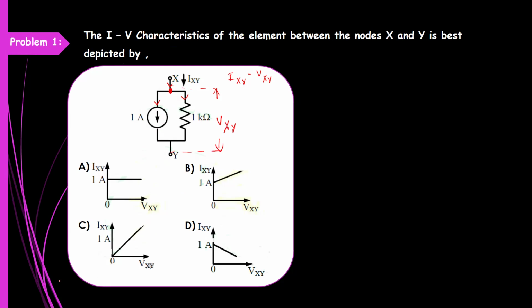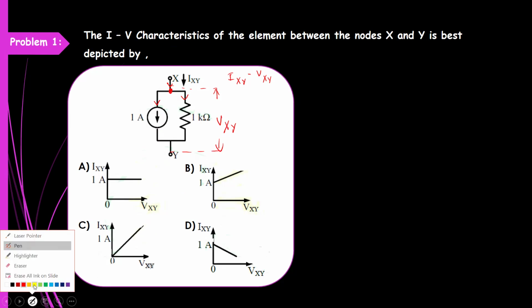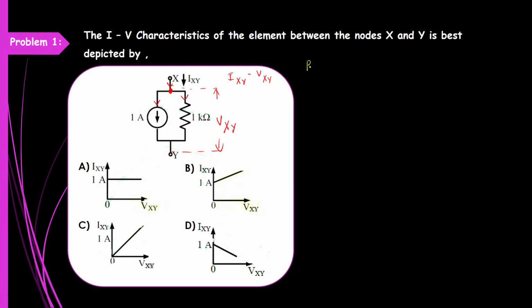Okay. So let me write the equation for that. By Kirchhoff's current law, sum of incoming currents, only one is incoming current, so IXY. And then outgoing currents are 1 amps is one outgoing current, and then current through 1 kilo ohms is another outgoing current. So current through 1 kilo ohms we can find out by dividing the voltage across the terminals VXY by 1 kilo ohms.